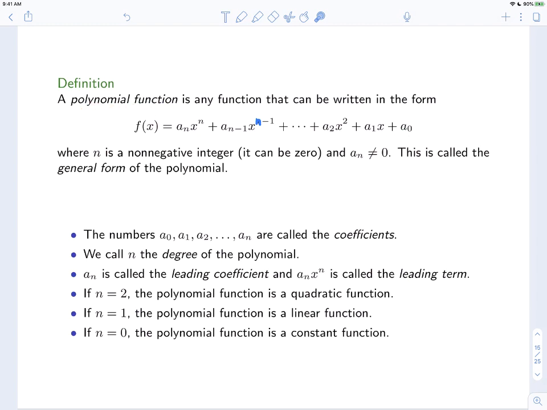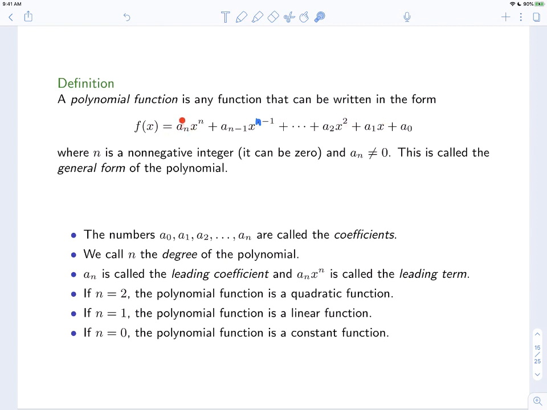So a polynomial function is the sum of power functions. The subscripts on these a terms, a sub n minus 1, a sub 2, a sub 1, and so on, these are all supposed to identify the term as the coefficient of a power function where the power is n, or n minus 1, or 2, or 1, or so on.